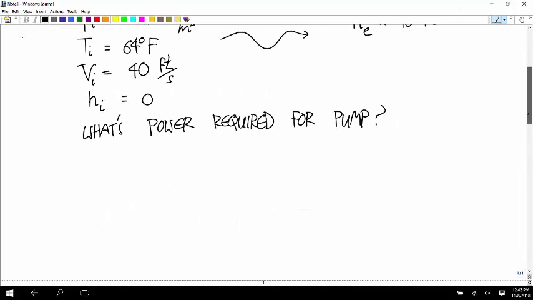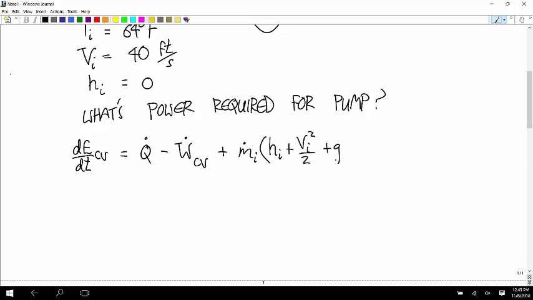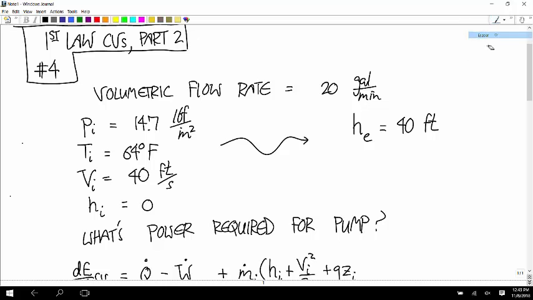So let's start going through this equation. dE/dt is equal to Q dot minus W dot plus m_i dot times the quantity h_i plus V_i squared over 2 plus g z_i. I'm just changing these heights to z's so you don't get mixed up with enthalpy.